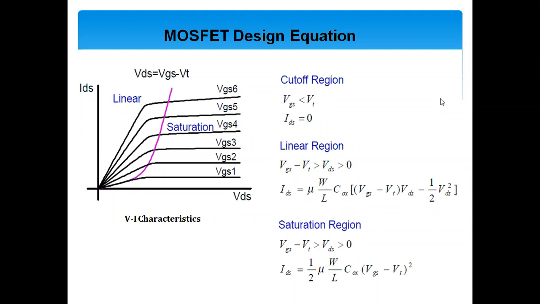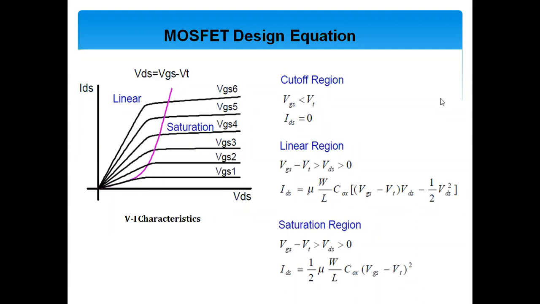Okay, what happens in the saturation region? First, what is the condition for the saturation region? The condition for the saturation region is VGS minus VT is again greater than VDS, which is much greater than 0. If you further increase the positive voltage, your MOSFET will go into the saturation region, right?